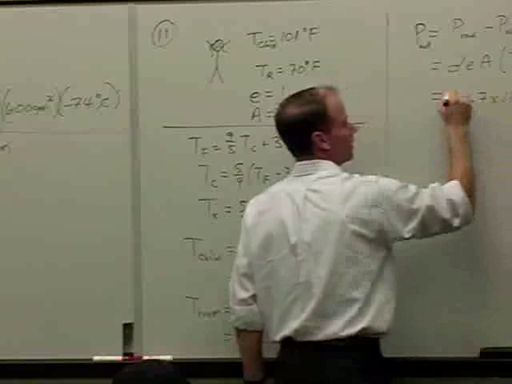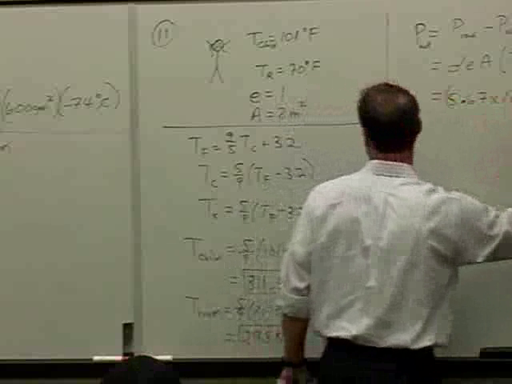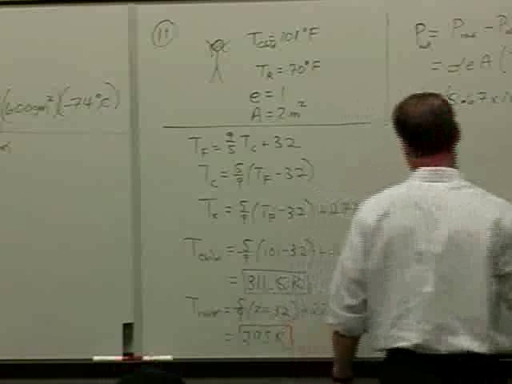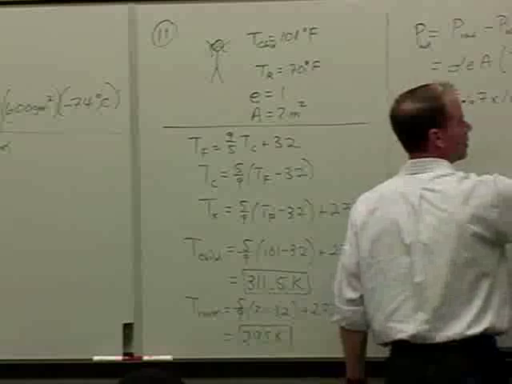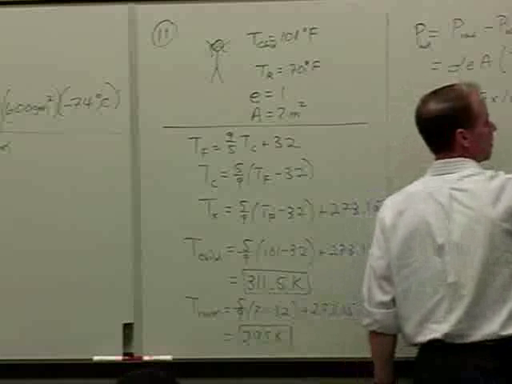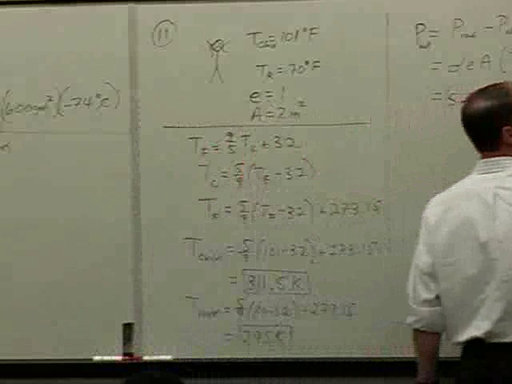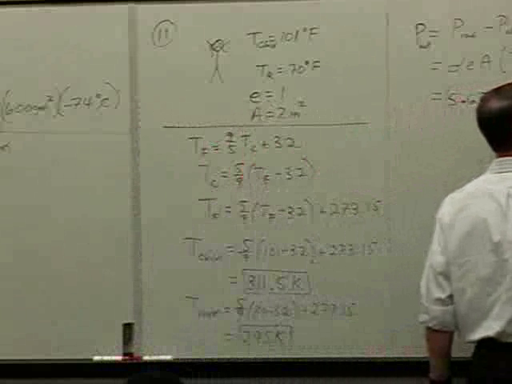Very good. Emissivity was 1. Area was 2. Temperature of the child, 311.5, to the fourth power minus temperature of the room, 295 to the fourth power.